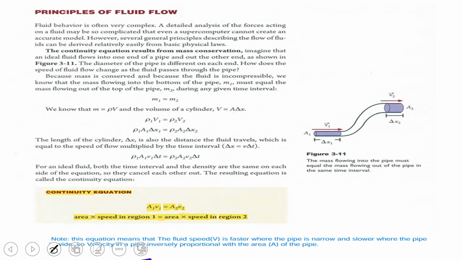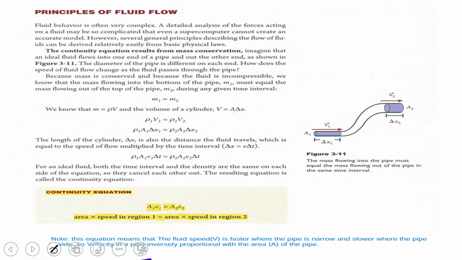Students, another part: you have the principle of the fluid's flow. We understand now that fluid flow is characterized in two ways, irregular and regular, and we explained all the properties. But now we want to understand according to which principle the fluid, the water, can move, according to which rules.